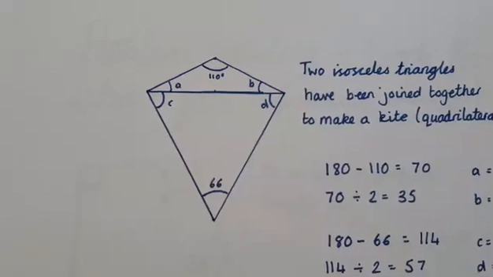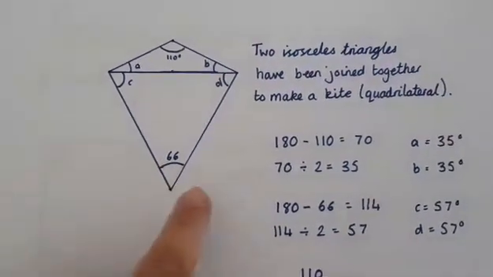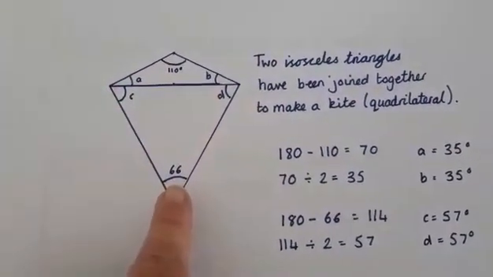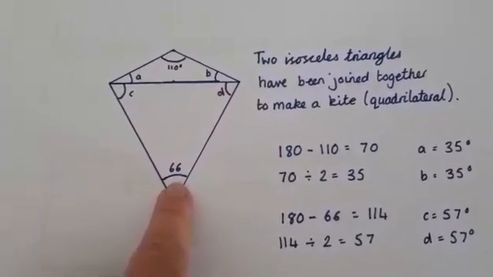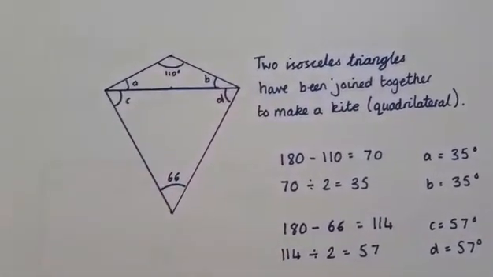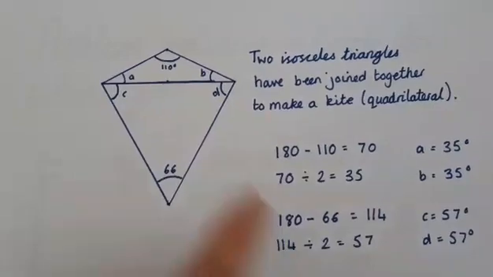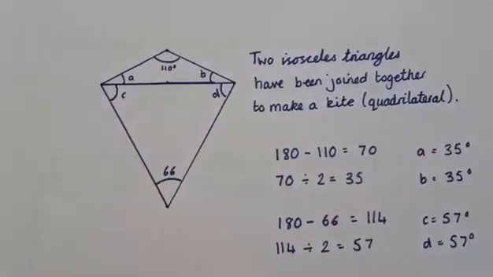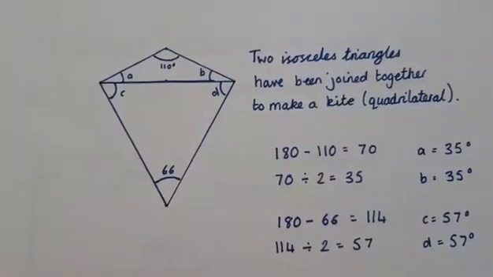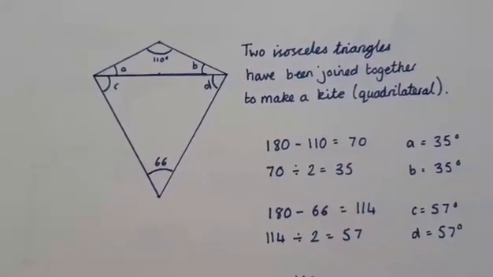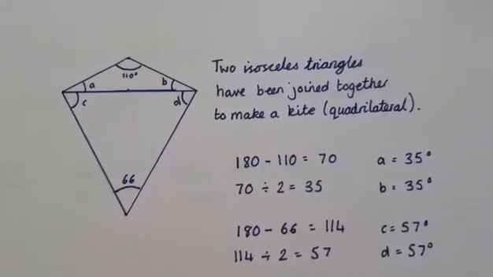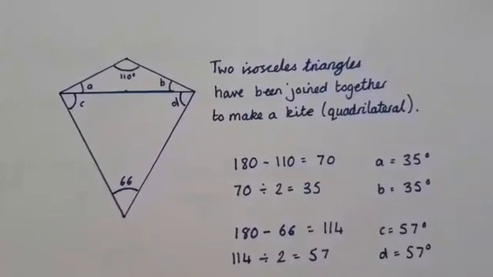So I could do the same process again. Start with 180 because all angles in a triangle total 180. Subtract the 66. I can do that one mentally. It's 114. So I know that C and D together are equal to 114 and they're equivalent to each other. So again, I divide it by 2 to get my 57. So C and D are equal to 57 degrees.